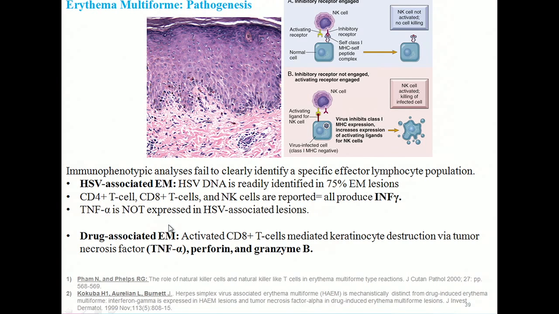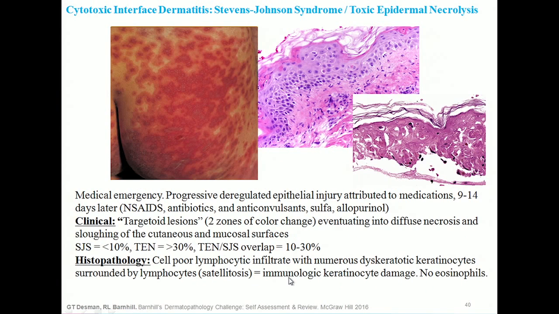TNF-alpha is not expressed in HSV-associated lesions. In contrast, drug-associated EM is associated with CD8-positive T cell mediated keratinocyte destruction via tumor necrosis factor alpha, perforin, and granzyme B, so a different mechanism of disease.